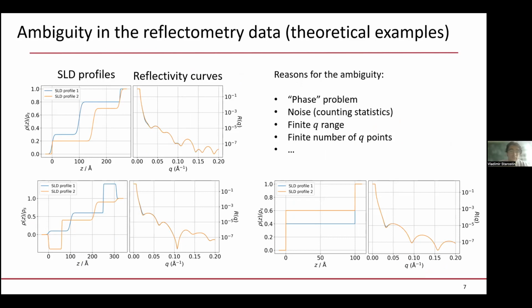There are situations where different SLD profiles, different parameters, correspond to the same or practically indistinguishable reflectivity curves. I show here some theoretical examples, but it gets much more severe if we take into account counting statistics or limited Q range, limited number of Q points. So of course, if we increase the number of parameters, we get more and more of these ambiguity examples.